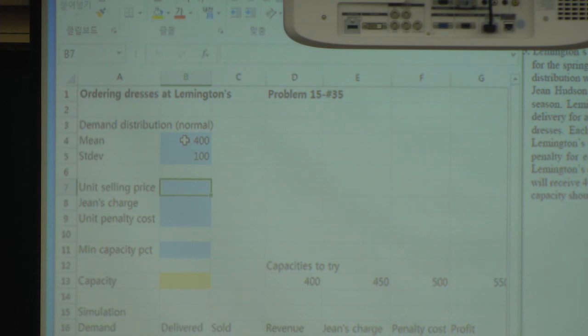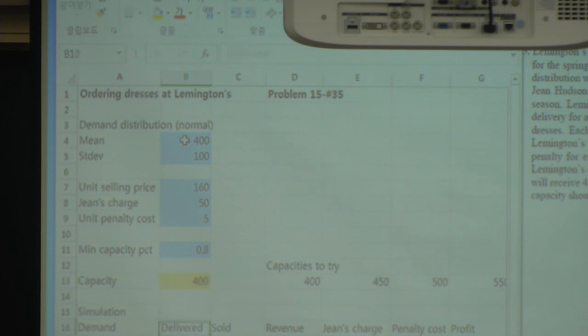And we know that the selling price is $160, the charge is $50, and the penalty cost is $5 for 1 unit of unused capacity. Minimum capacity percentage is 0.8, and capacity is something I will determine; let's say we start with 400.